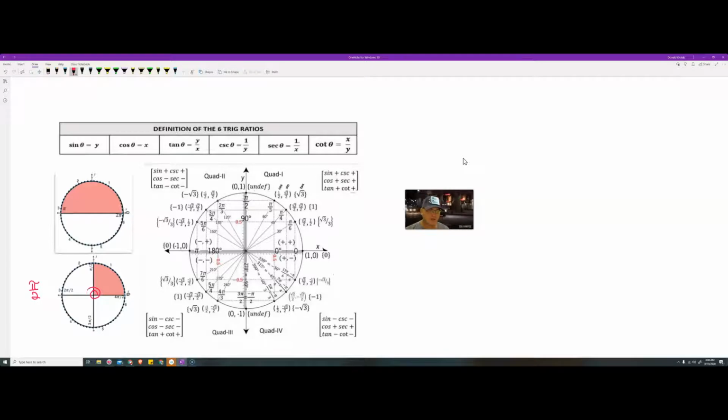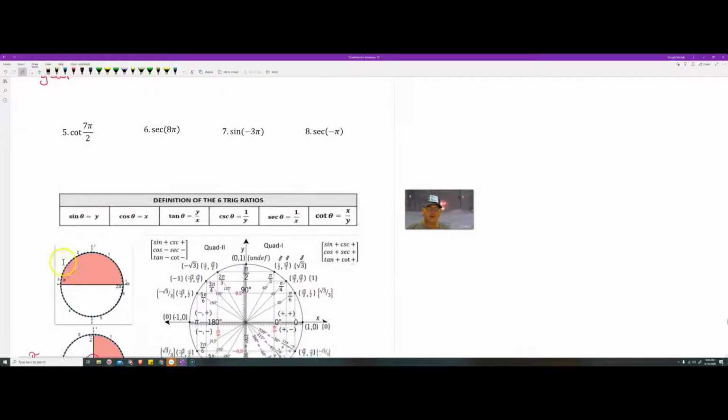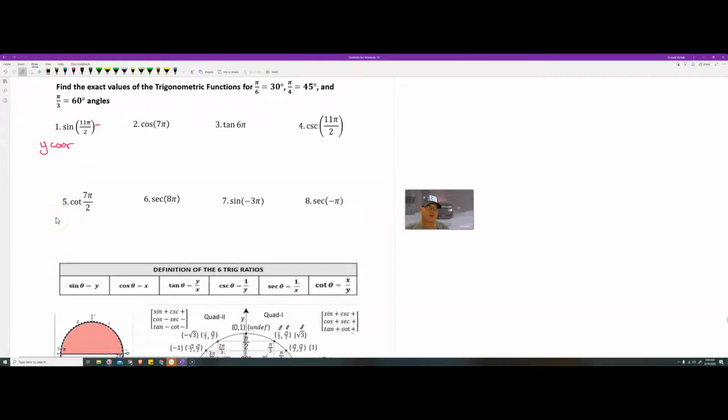If I go around again, that's 8 slices, now 3 more: 9, 10, 11. So it would go around the circle 2 3/4 times and land right there. On my unit circle, that's the coordinates 0, -1, and I want the y-coordinate. So the y-coordinate of this is -1.